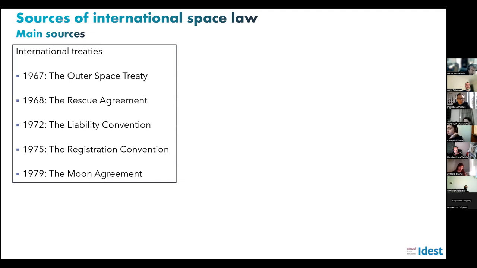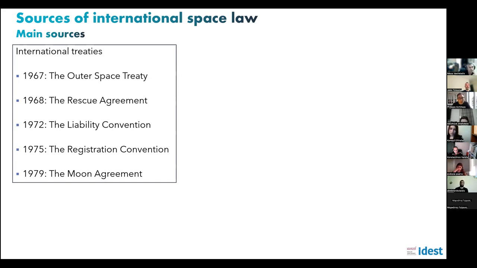A framework agreement, the Outer Space Treaty, implemented by 4 specific conventions in order to address a dedicated issue, such as the rescue of astronauts, the liability for damages caused by space objects, the registration of objects launched into outer space, and the legal regime of the Moon and other celestial bodies, the Moon Agreement.